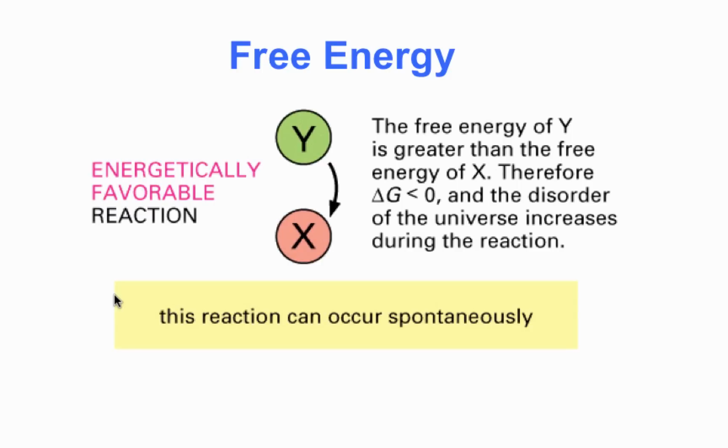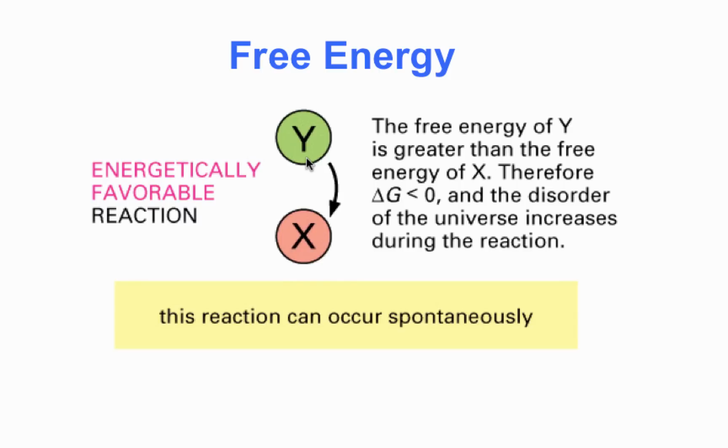In an energetically favorable reaction, for example Y becoming X, this is a catabolic, energetically favorable reaction because the free energy of molecule Y is greater than the free energy of molecule X. Therefore, the change in free energy is going to be less than zero, giving us a negative value.